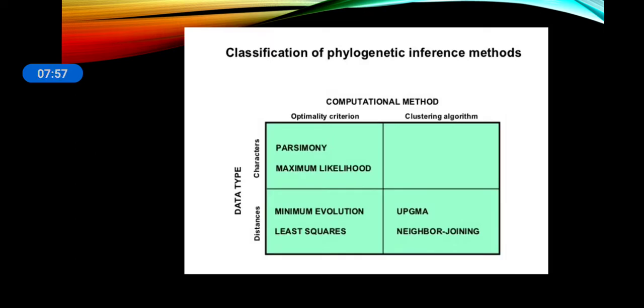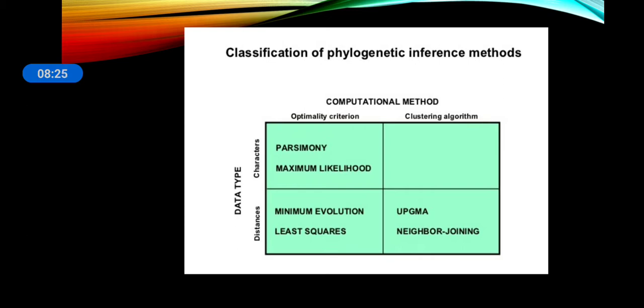In phylogenetic analysis, you can classify methods by computational method and by the type of data used. In the computational methods, there are again 2 categories: optimality criterion and clustering algorithm. Under optimality criterion, you have the parsimony method, maximum likelihood method, minimum evolution method, and least squares method.